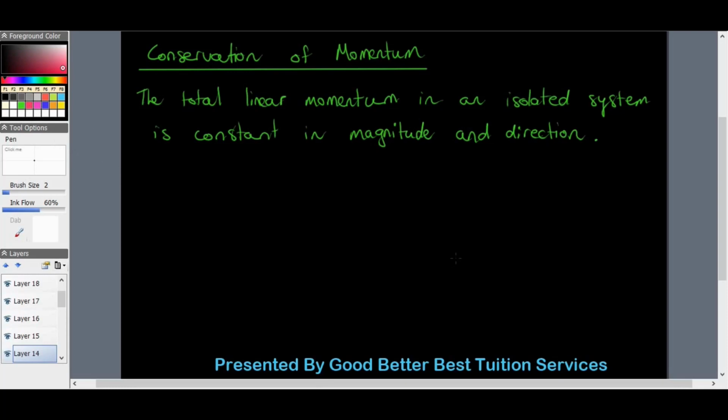A system is obviously a small part of space, all right, that we consider for investigation of a particular problem that we want to solve. Anything that is outside of this little system is called the environment, all right? So think about it as actors on a film set or a film set crew.